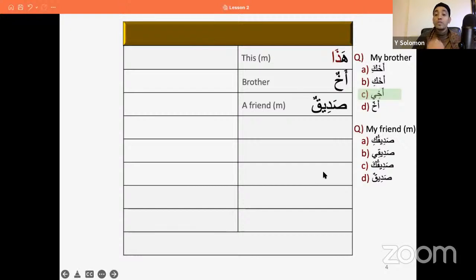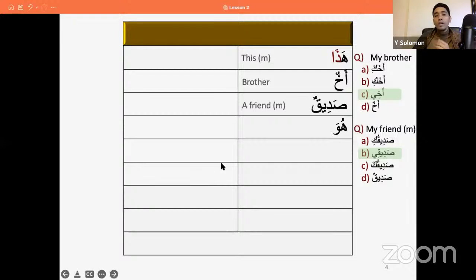Is it sadiquki, sadiqi, sadiquka, sadiqun? Again, mashallah, quite unanimous there, and that is the correct answer. It is sadiqi, my friend.